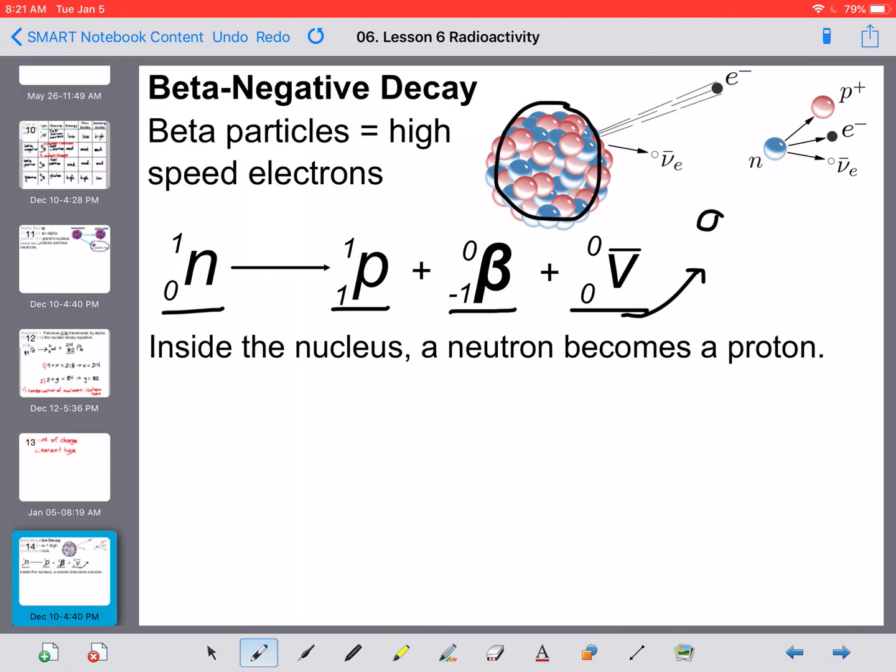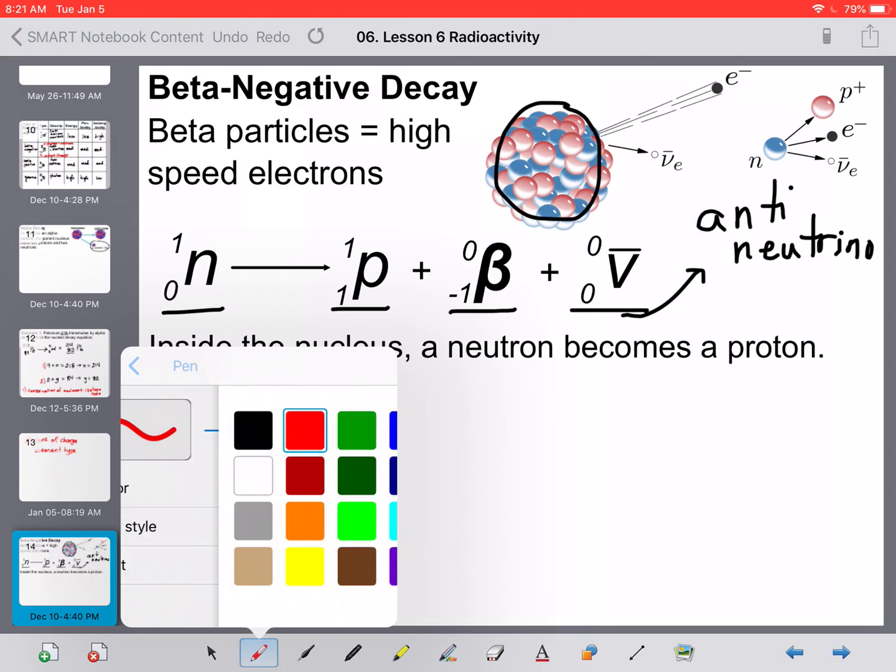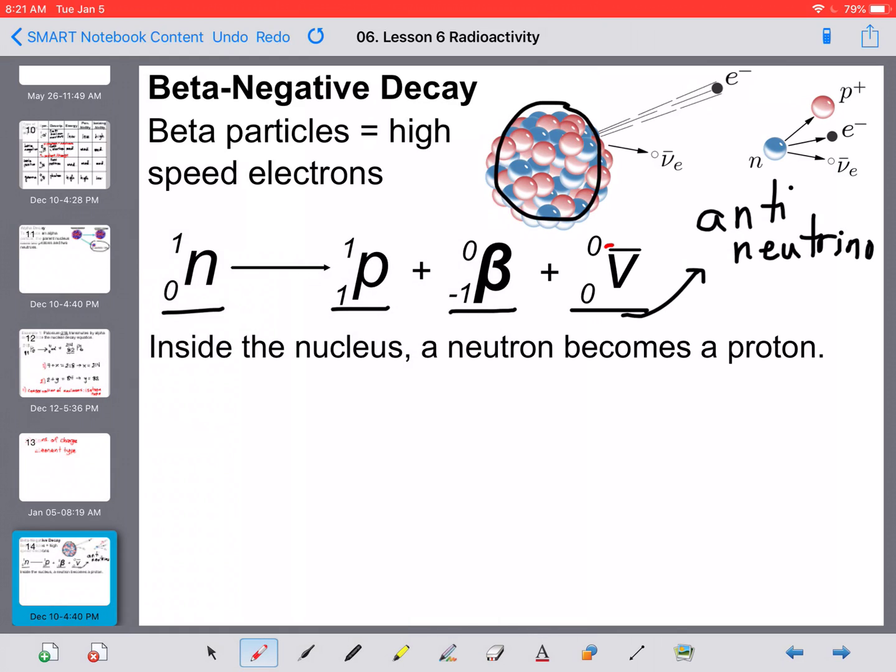This is an antineutrino. It's just another type of particle that exists in the world. It has a very, very tiny mass and no charge. And we know that it's an antiparticle because it has this line above it. So anytime that you see a straight line drawn above the symbol for something, in physics that means that it's an antiparticle.